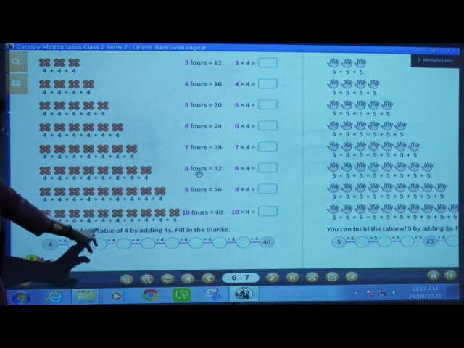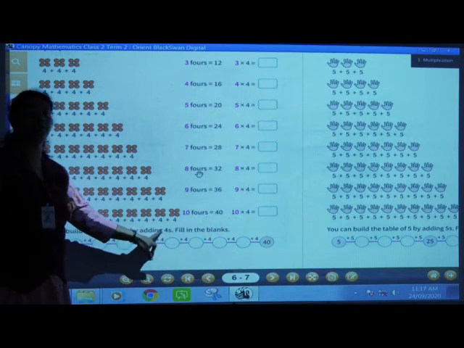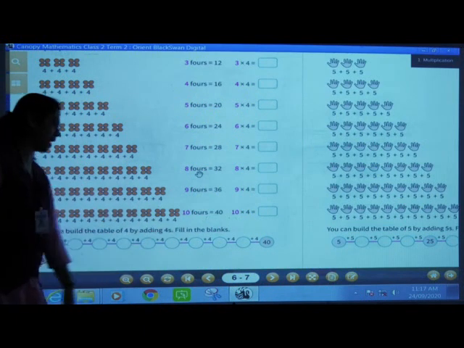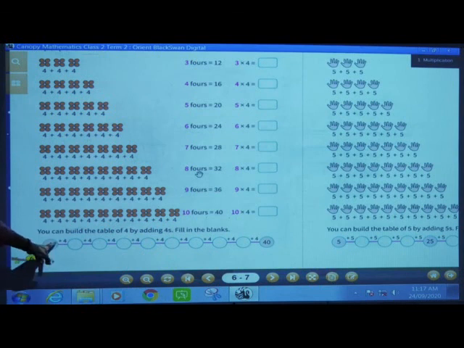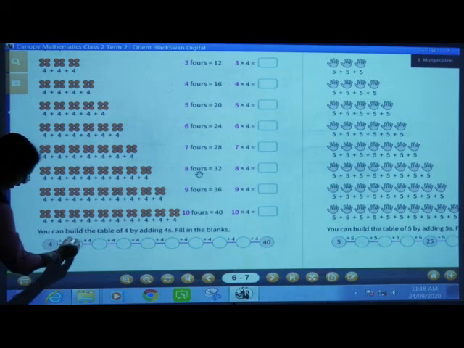you can build the table of 4 by adding 4s, filling the blanks. If we add 4 to this 4, we will get the answer. What? 4 plus 4, how much? 8.